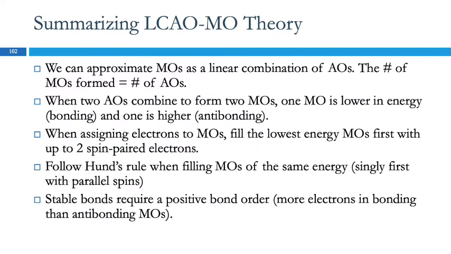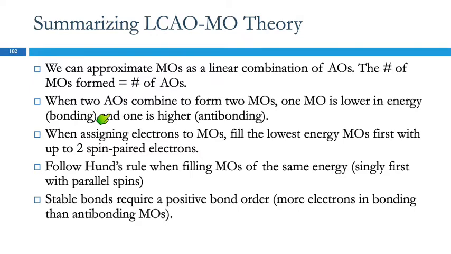So this is sort of summarizing what we talked about so far. We are approximating molecular orbitals as linear combinations of atomic orbitals. The number of molecular orbitals is equal to the number of atomic orbitals that you started with.